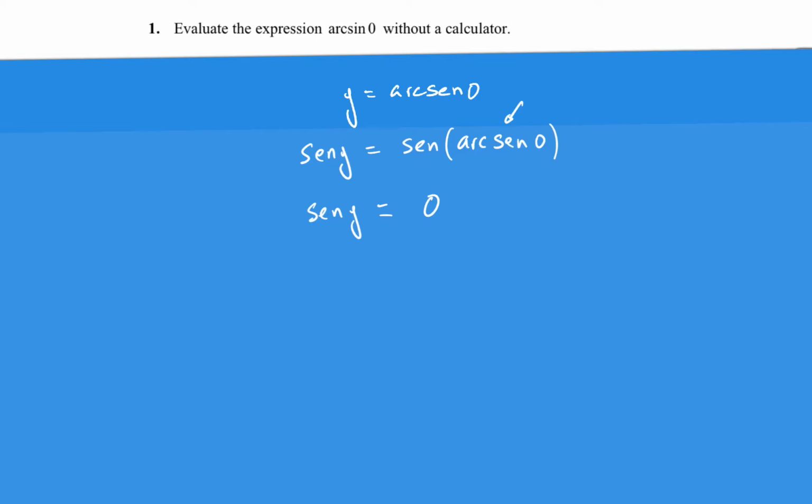So now I have to wonder, who is y whose sine is 0? The sine of y is 0 when y is 0, because sine of 0 is 0, and the problem is solved.